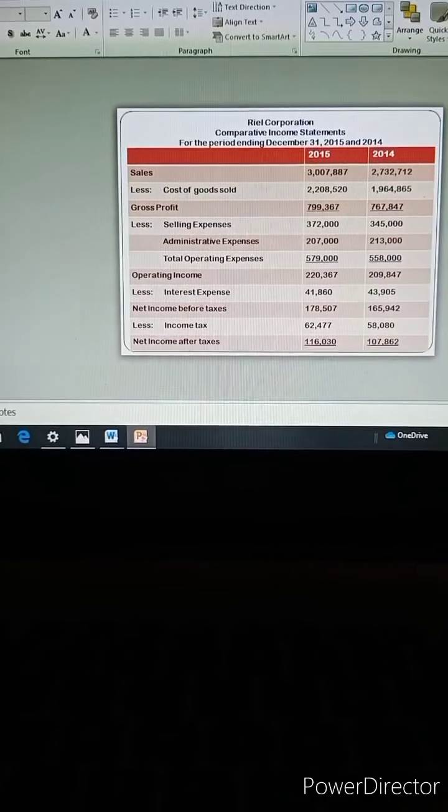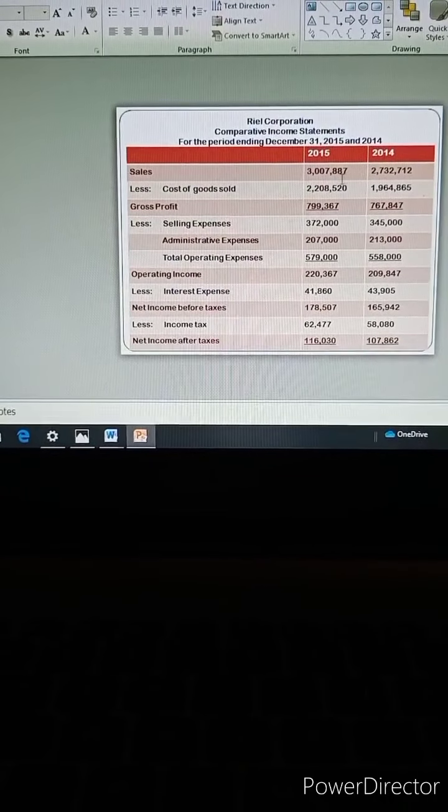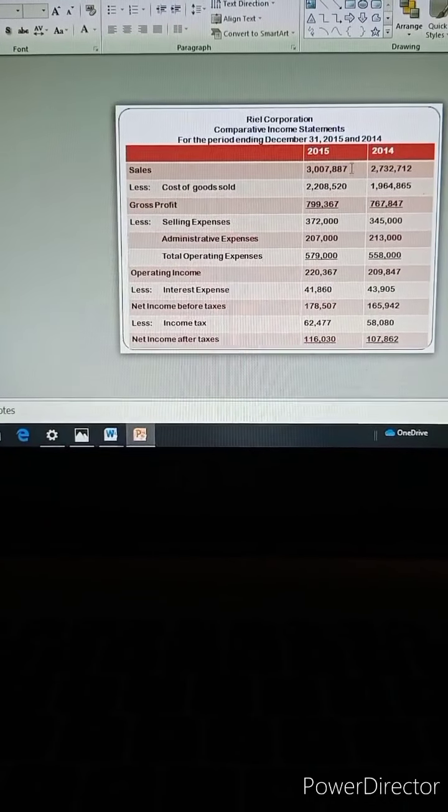The net sales here is 3,007,887 for 2015. This is where we get the net sales.